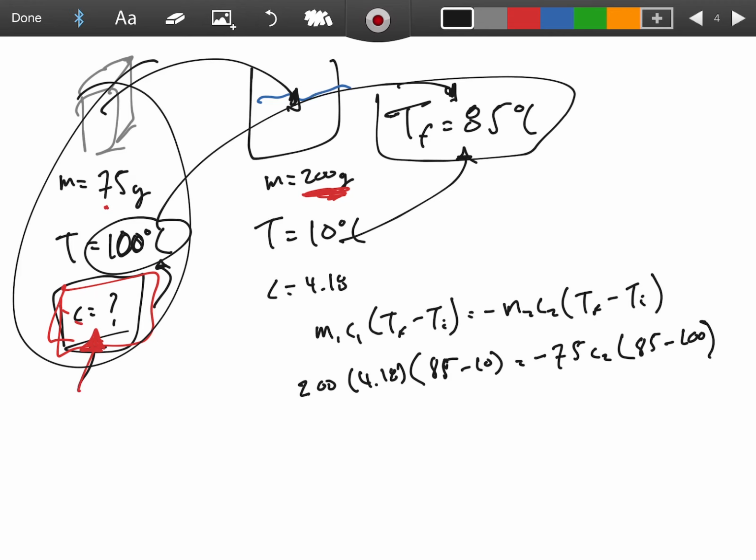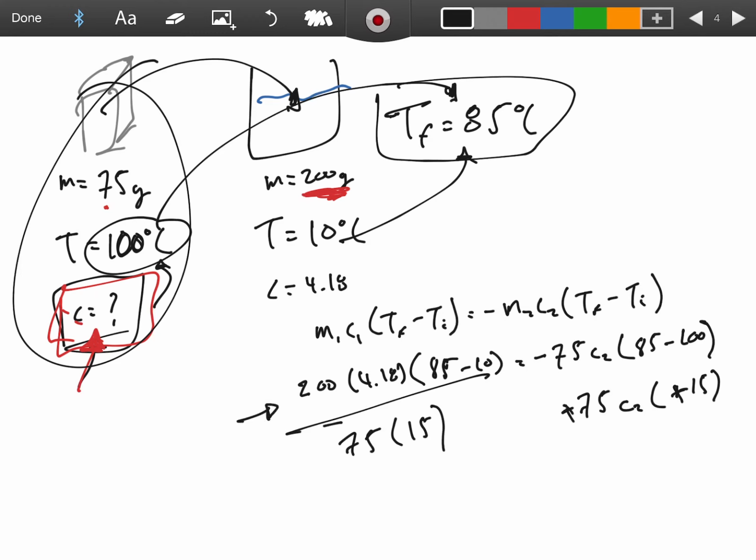So starting on this other side, you're going to have negative 75 times C2 times negative 15. So essentially, I'm going to divide this by 75 times 15. Those negatives, you get a double negative there, so those both become positive.